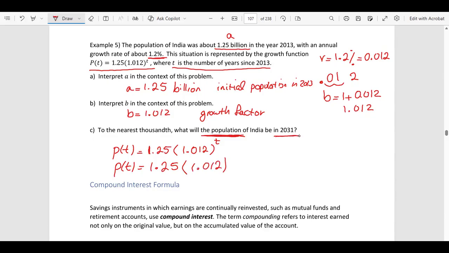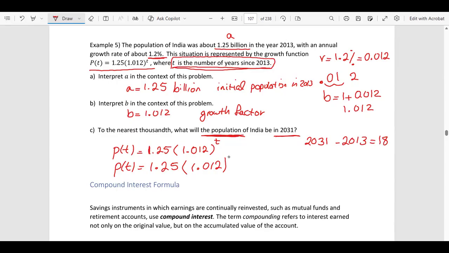When it says in 2031, and we know t is the number of years after 2013, we have to ask, 2031 is how many years after 2013? So 2031 minus 2013 is 18.